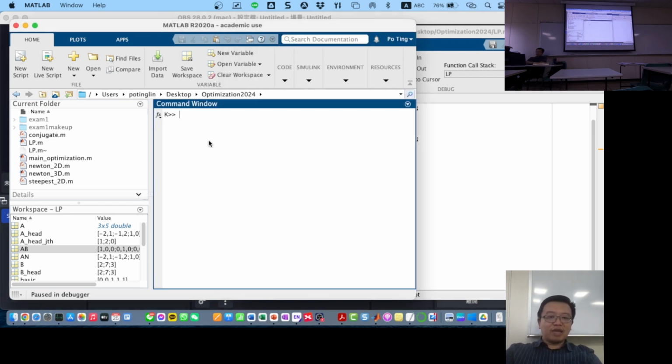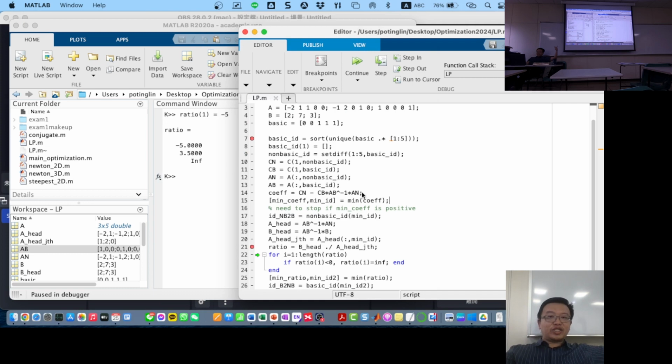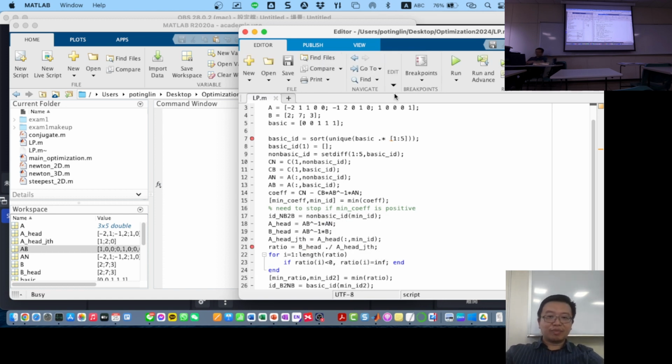But let me just intentionally convert the first one to negative. For example, if one day it's -1, the ratio 1 is a negative value. Then in this loop, ratio 1 will become infinity if there's a negative value from this code here. Okay, so let's run again.